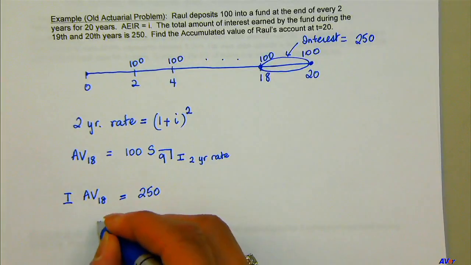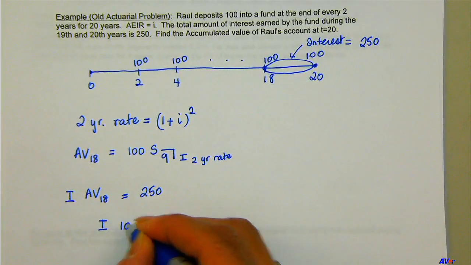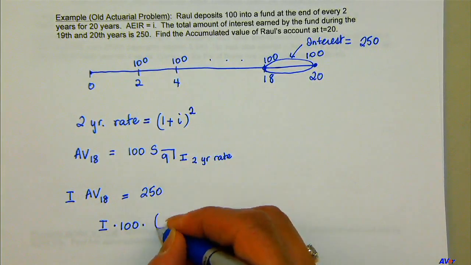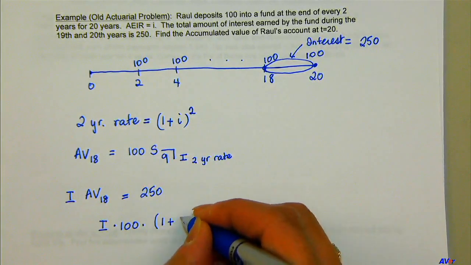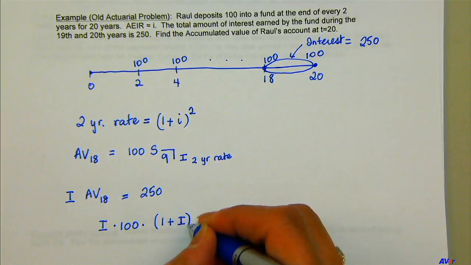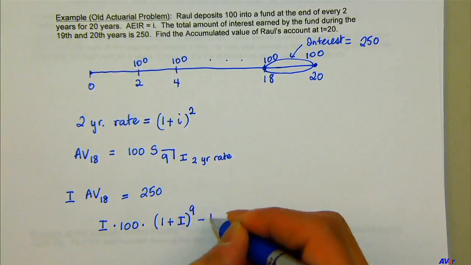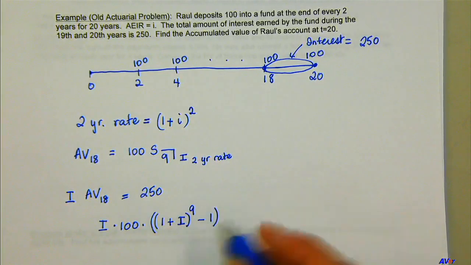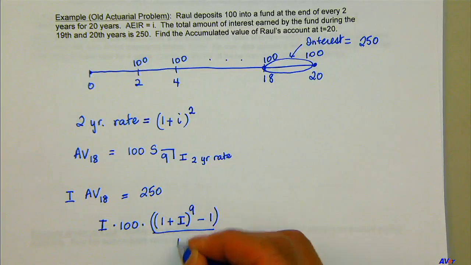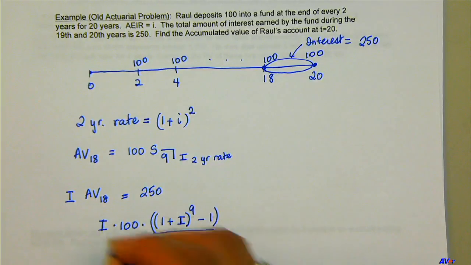So I times 100 times S angle 9, put in the formula, 1 plus 2-year rate to the 9 minus 1 divided by I. I and I cancel.